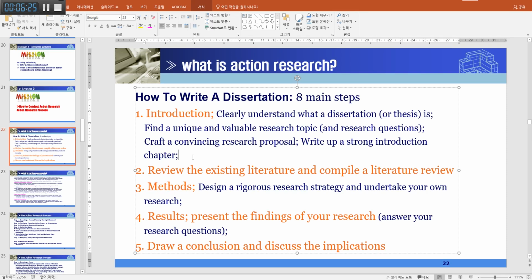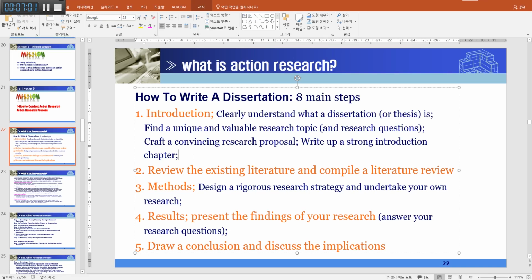Chapter 2 is a review of previous research, so-called what others have done in this area with my topic. And chapter 3 is how to solve your research question, how to collect data and how to conduct your research. It's the method chapter.